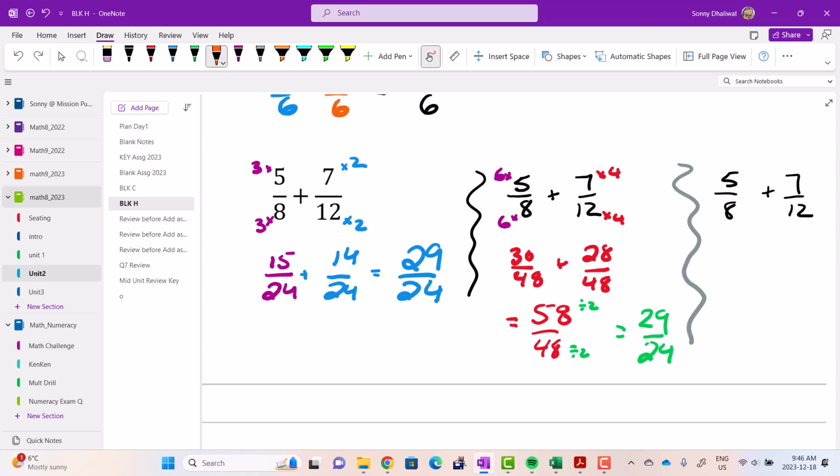So if I take this, and I go, okay, for the 8, I'm going to multiply by the opposite one, 12, top and bottom. For the 12, I'm going to multiply by the opposite denominator, 8, top and bottom. If I create my new fractions, the denominators will be the same. 8 times 12, 96.